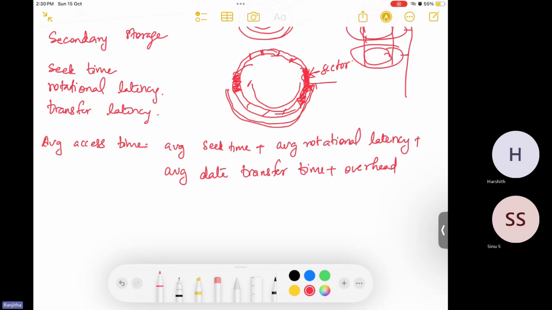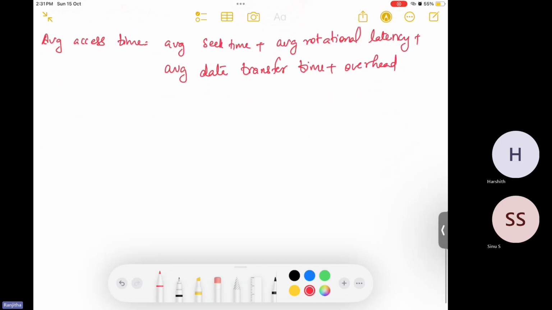Okay, now before getting into disk scheduling and other things, let's take some examples and understand this latency concept first. So, let's take one question.